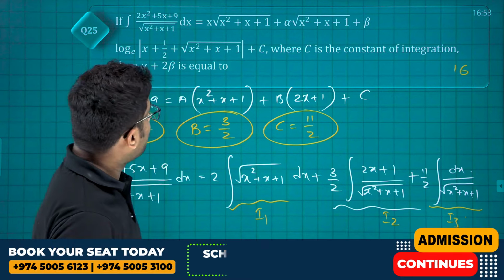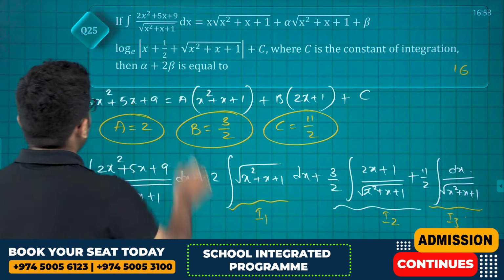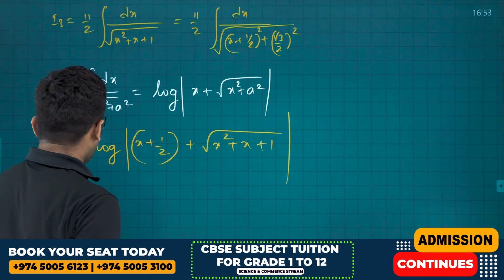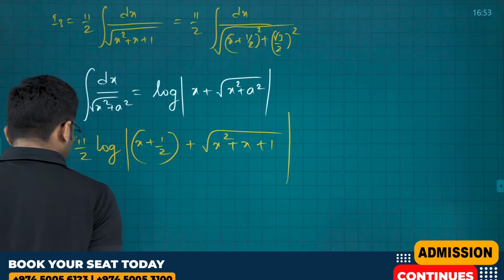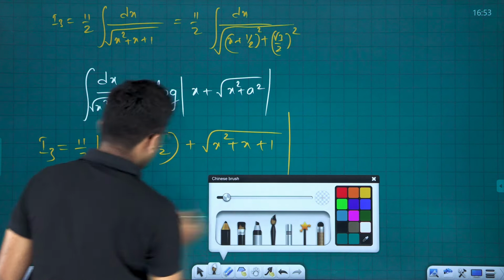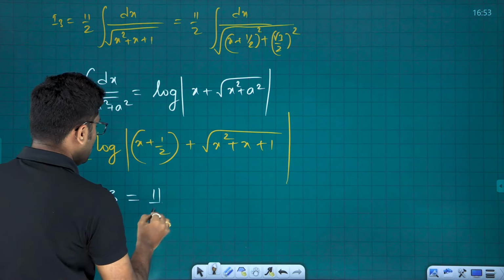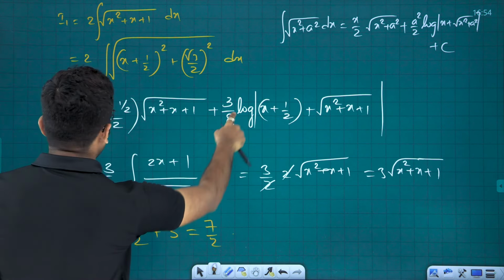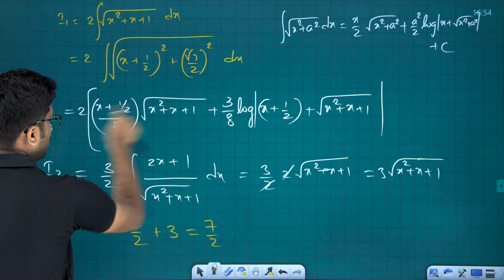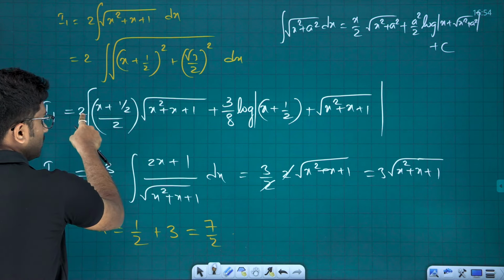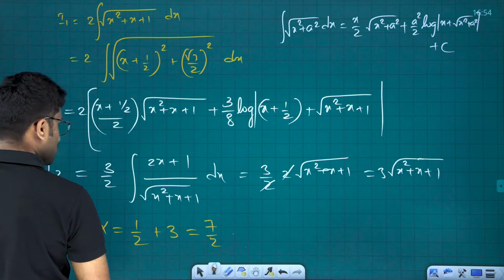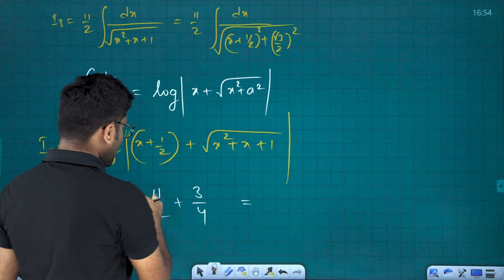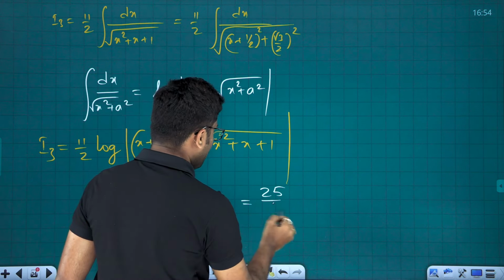Now to get the beta value, what is beta? Beta is the coefficient of log mod x plus 1 by 2 plus this. In I3 we have 11 by 2, and here log mod has 3 by 8 multiplied by 2, which is 3 by 4. So that is nothing but 11 by 2 plus 3 by 4. 2 elevens are 22 plus 3, that is 25 divided by 4.